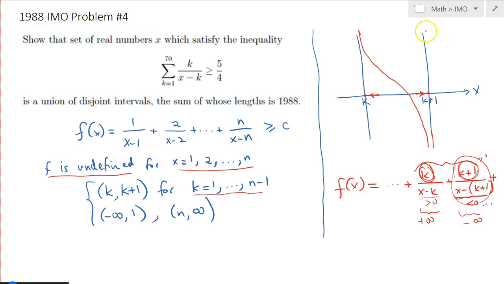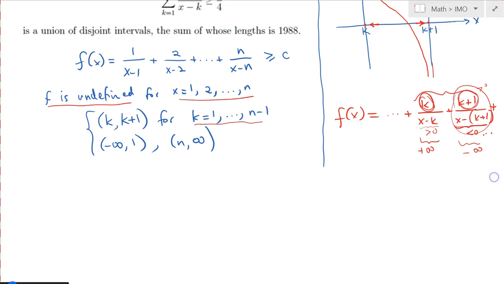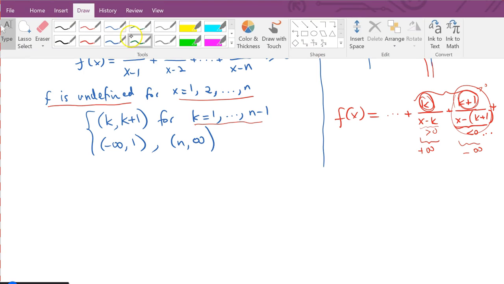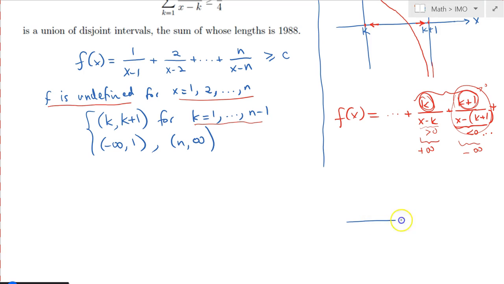But then the function will make these shapes, right, like the tangent function, if you will. So let me go ahead and try to sketch roughly what I have in mind. So we have our vertical asymptotes starting from 1 all the way to 2, 3, and so on, all the way to n minus 2, and finally n minus 1.